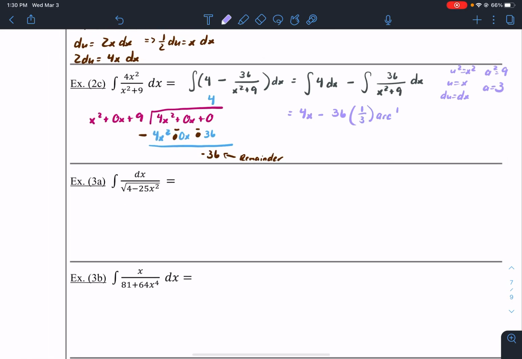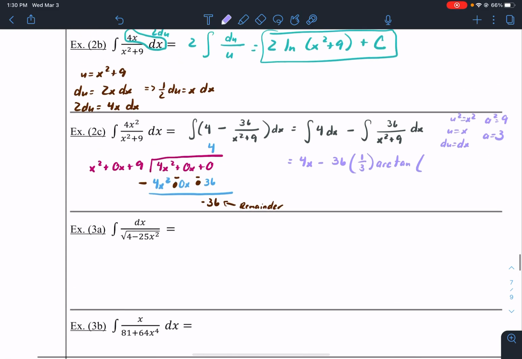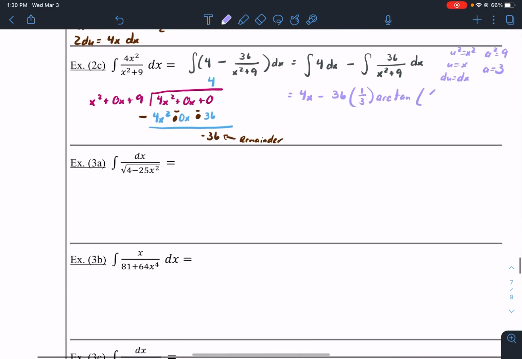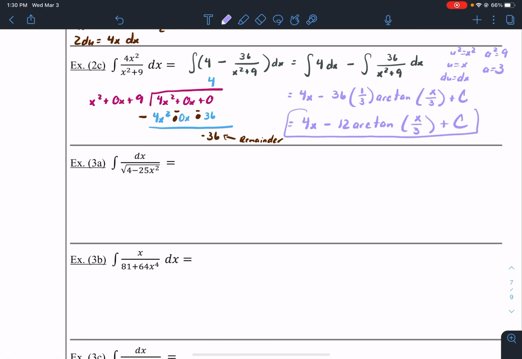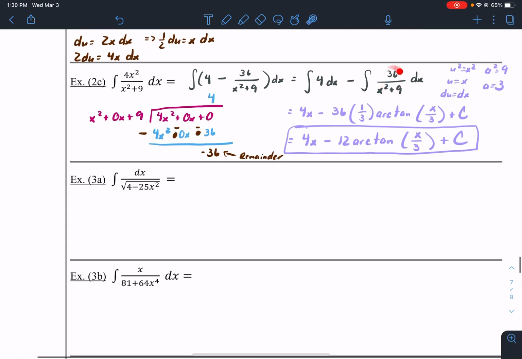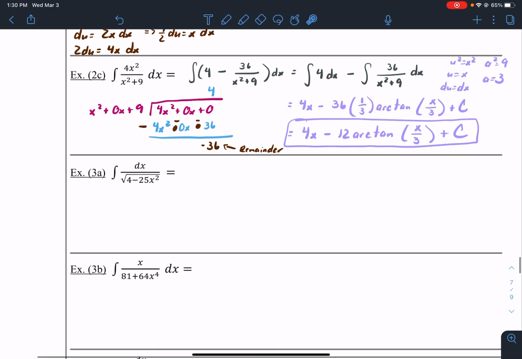We're going to have arctan of u over a, which is x over 3. And then the only thing I can do to simplify this is multiply the 36 times 1/3. So applying the long division created an arctan situation, right? We had this arctangent, but we did have to get that constant in order to be able to clean everything up.